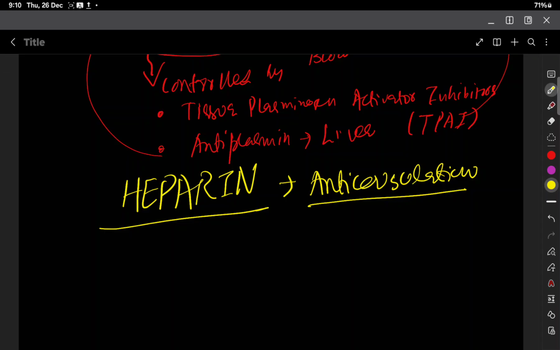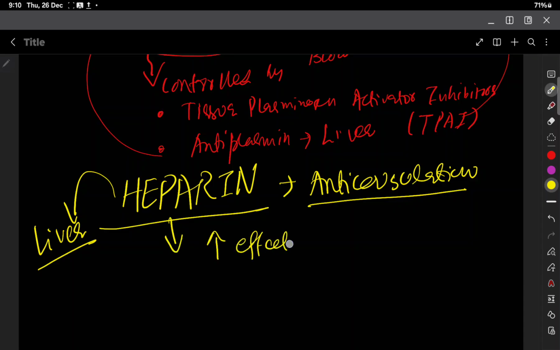Okay, what it does: first thing, it is produced by the liver. If there is a liver disease, there will be decreased heparin. Second thing, it increases the effectiveness of antithrombin III. So it helps the antithrombin III. Antithrombin means which will prevent the thrombin.